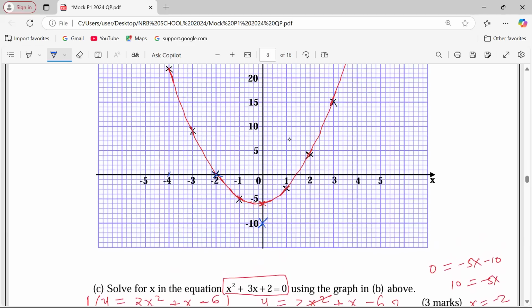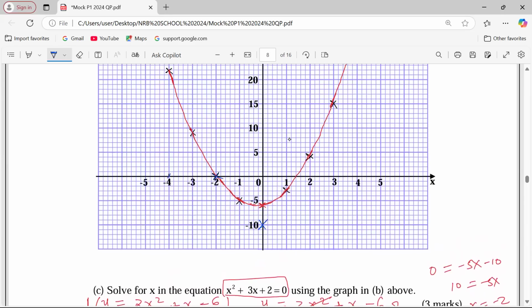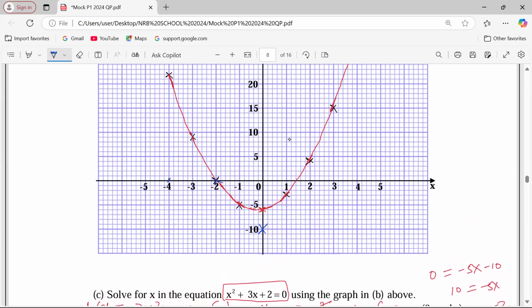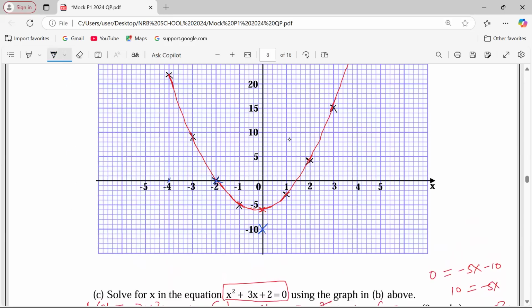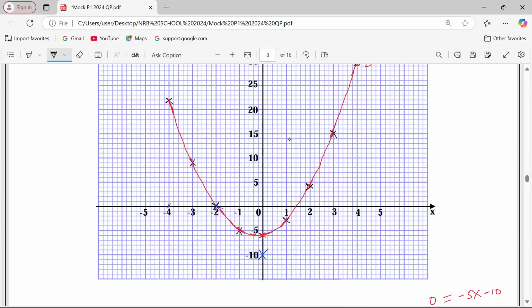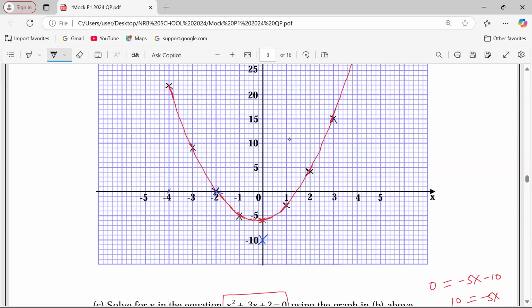So now we do this straight line, so that we may get the line that will be used to represent a graph. So I'm supposed to draw this one now. Let me do a very straight line.